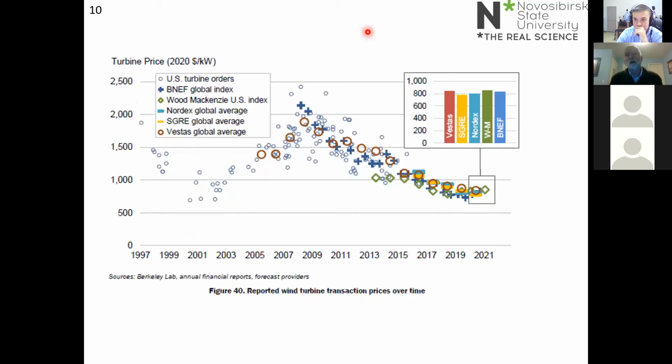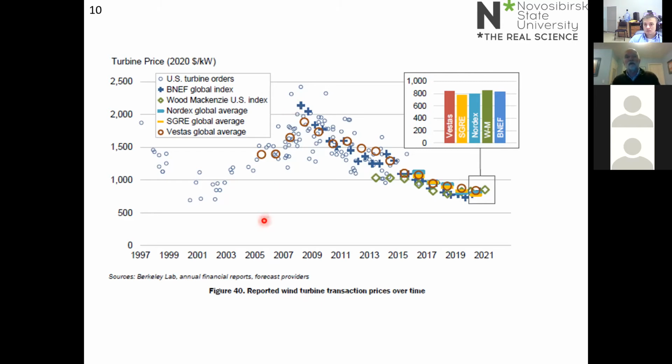Okay, so I said at the beginning that our interest in renewable energy stems a lot from the issues of greenhouse gas mitigation, but I want to spend a little bit of time talking about the cost of renewable energy, because generally speaking around the world, renewable energy has become the cheapest way of generating electricity.